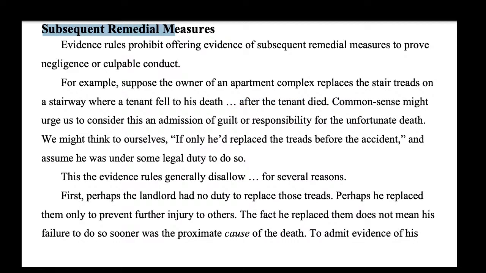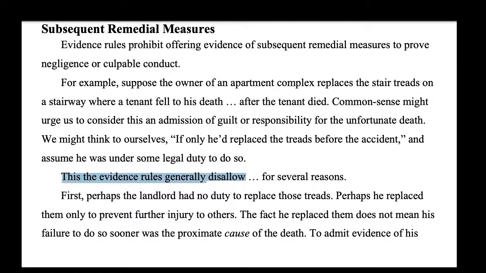So, subsequent remedial measure. Common sense might urge us to consider this an admission of guilt or responsibility for the unfortunate death. Okay, so that's where our culpable conduct comes in. We think to ourselves, if only he had replaced the treads before the accident, and assume he was under some legal duty to do so.